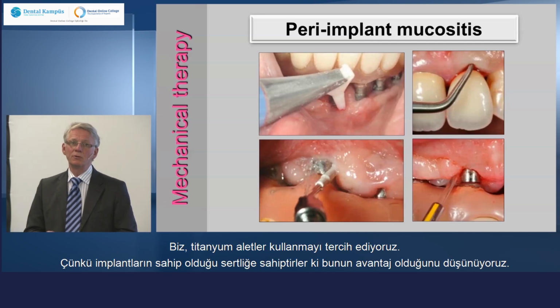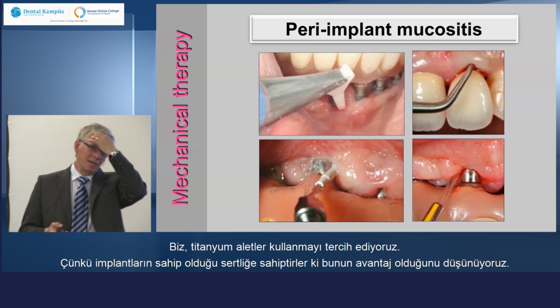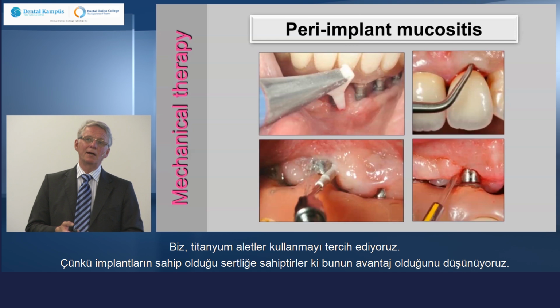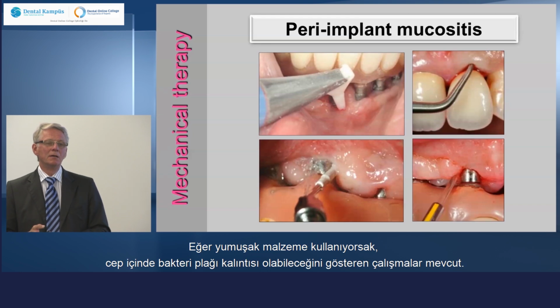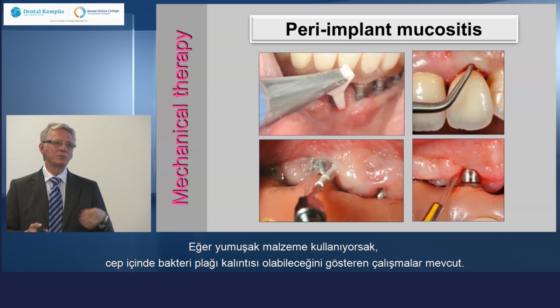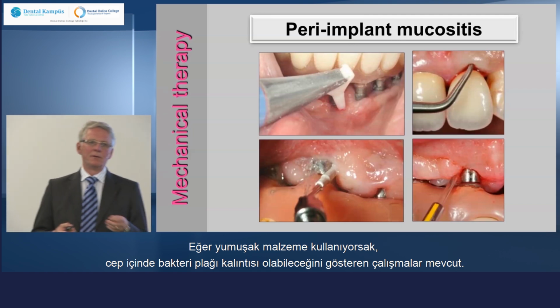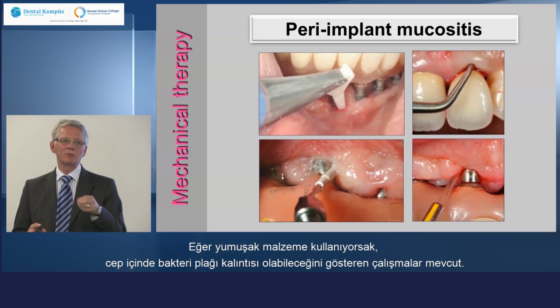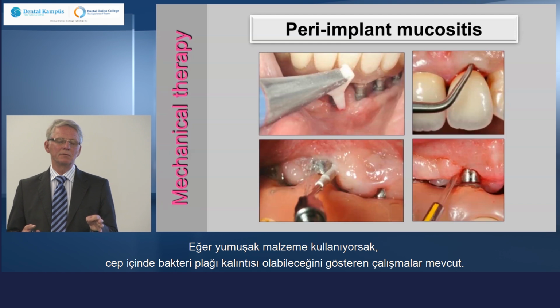We prefer to use titanium instruments because they will have the same hardness as the implant, which we feel is an advantage. There are studies available demonstrating that if we are using softer materials, then there is a risk that there will be remnants of that softer material in the pocket after using it.